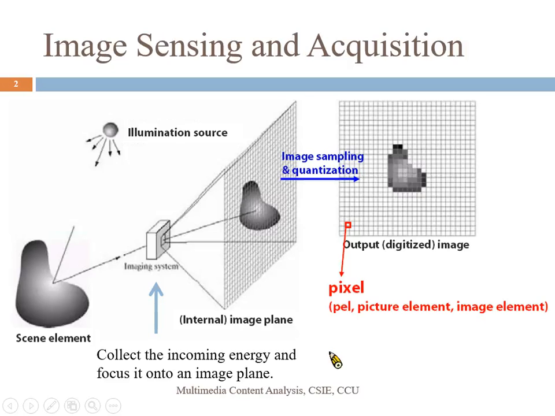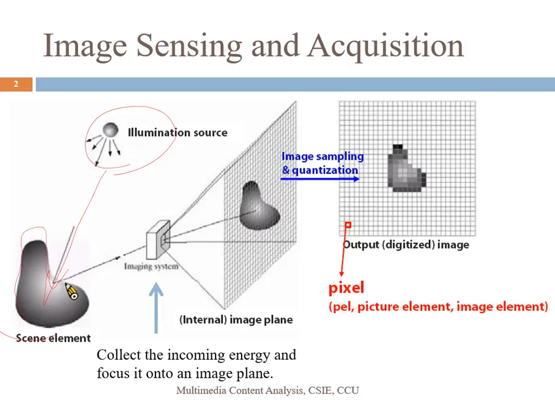And in the real world, how can we see an object? That is because there is an illumination source like the sun, and the light emitted by the sun hits the object, and the surface will reflect part of the light.